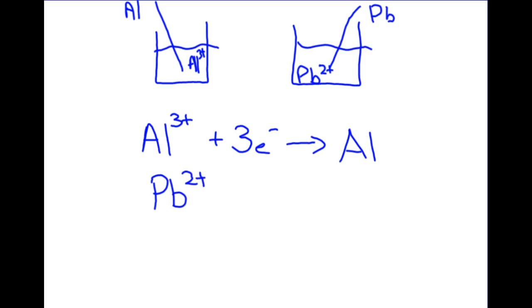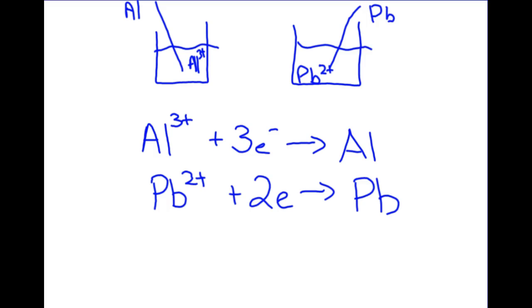You shouldn't have to guess what a reduction reaction looks like. If you're guessing, that could be an issue because something's been chosen that is not in there. We have 2 possible reduction reactions. How are we going to figure out which one is actually going to be the reduction reaction in the electrochemical cell? Whichever one's higher. Exactly.